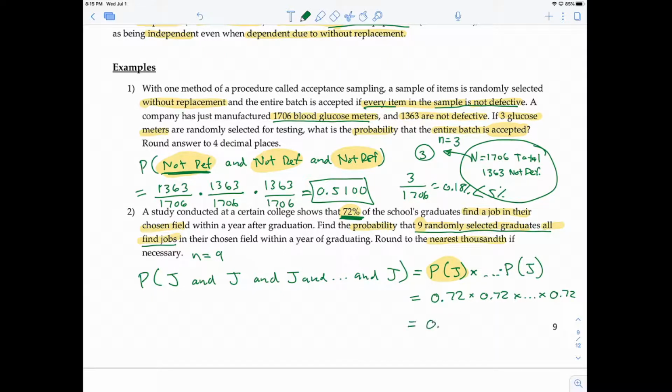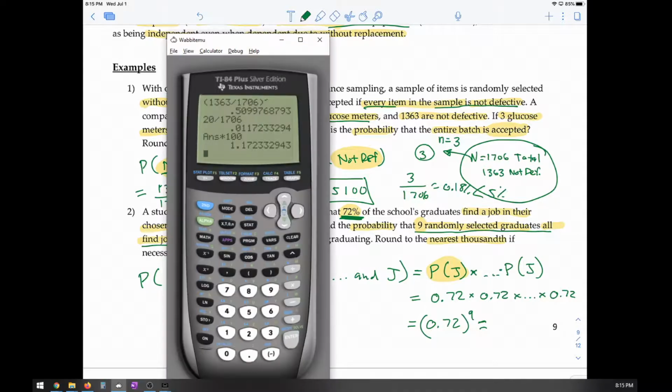So that's going to be 0.72 raised to the 9th power, which is going to give us the following. So let's go ahead and work that out. That's 0.72 raised to the 9th power, which gives us that. So approximately 0.0520.